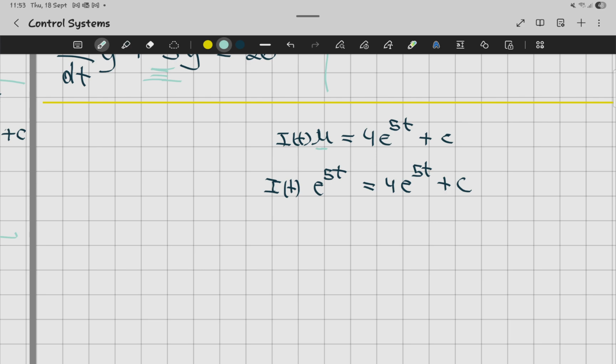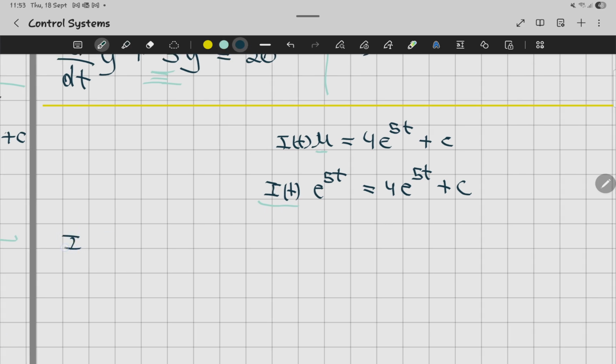Okay, so we need to solve for the current. So if I have to solve for the current, I'm going to divide both sides by e to the 5t.